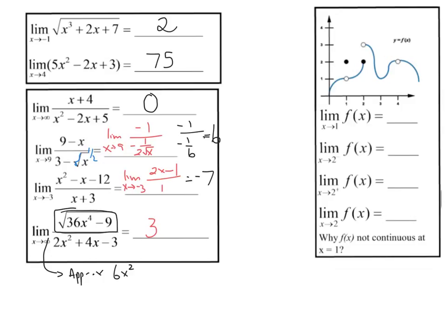Now, one thing to be careful of is if somehow with this being x to the 4th and this being x squared, we're never going to have to worry about negative numbers. So the answer here is just +3.